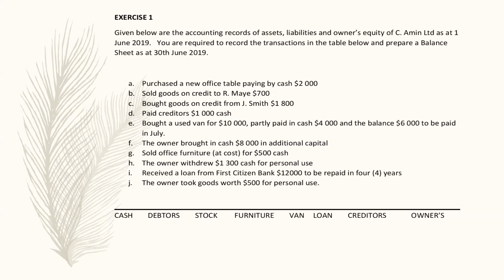If you add all those figures, you're going to come up with $25,000. That's your assets. Your liabilities consist of your loan, your creditors, and your owner's equity. Your loan is $12,000, your creditors is $6,800, your owner's equity $6,200. When you add those three figures, you are also going to come up with $25,000. So this equation is correct.